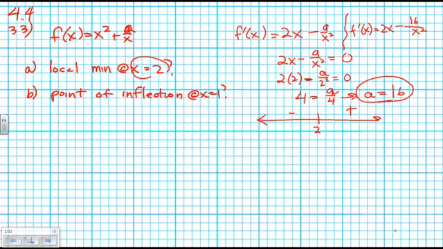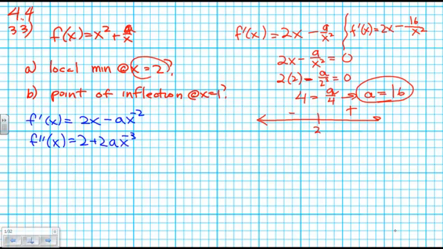Let's start with the fact that f prime of x is equal to 2x minus a times x to the negative 2. I'd rather take the derivative in that notation. That means f double prime of x is equal to 2 plus 2a x to the negative 3.